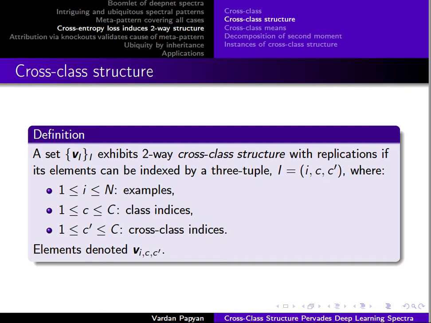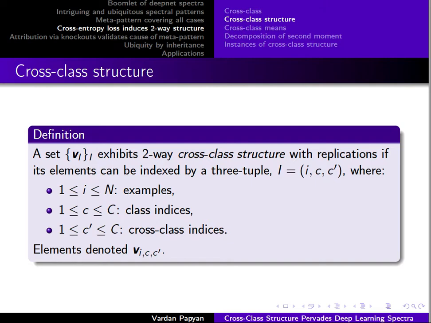And then you get C class means. And finally, you can take all of these class means and average over c and get a global mean. So it's just 3 levels of averaging. In the first level, I'm averaging over i. In the second level, I'm averaging over i and c'. And in the third level, I'm averaging over i, c, and c'.